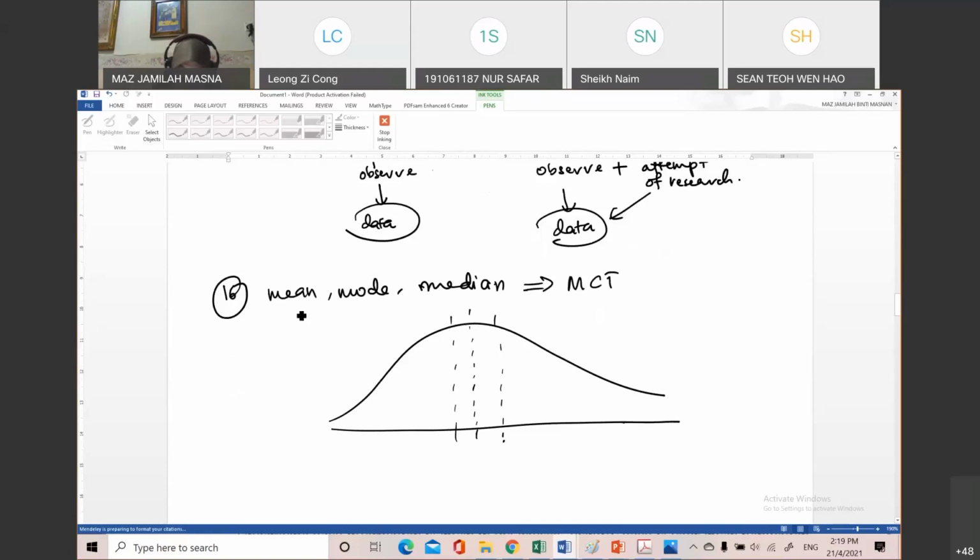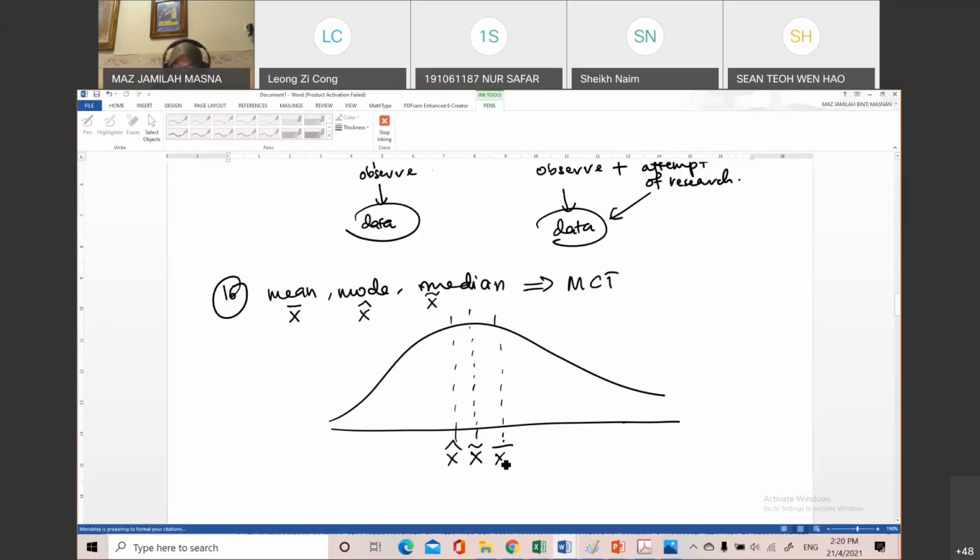If let's say I put the notation for mean is x bar, for mode is x hat, and for the median is x curly. Okay, let's say the mean here, and this is the mode, and this is your average. Okay, so we are talking about all the values will fall within the middle value.